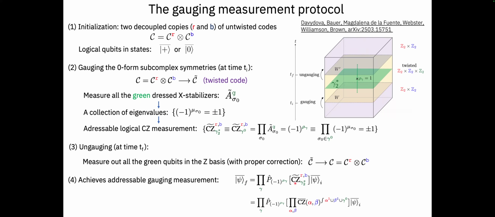And this symmetry operator can be rewritten into the logical CZ, coupling two logical qubits labeled by alpha and beta, which have a non-trivial intersection of the support of your CZ operator. So it's again this triple intersection that determines the logical gate structure.